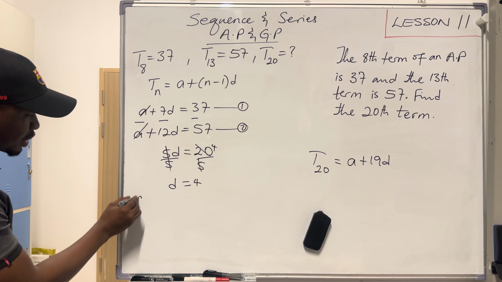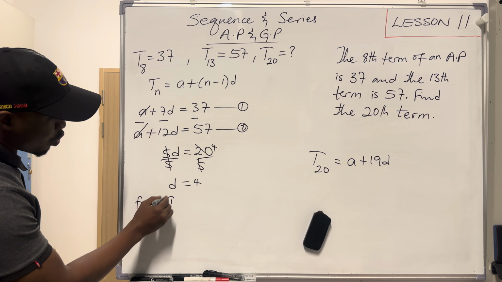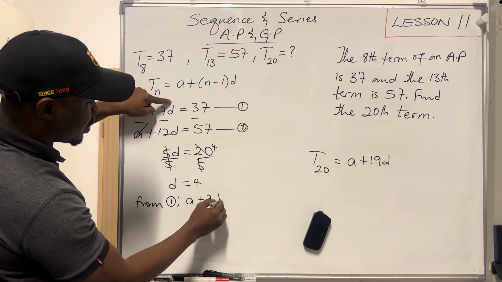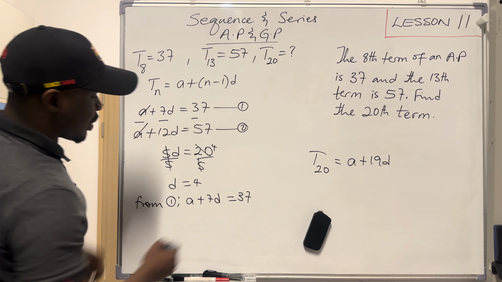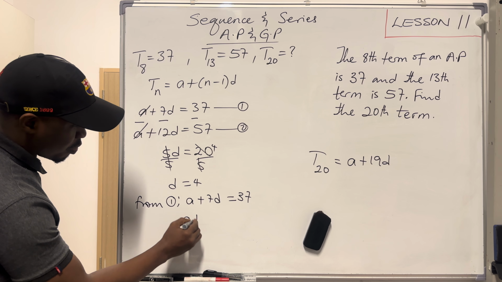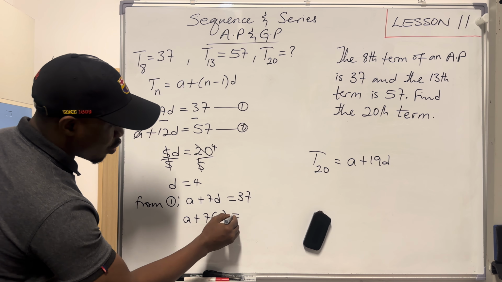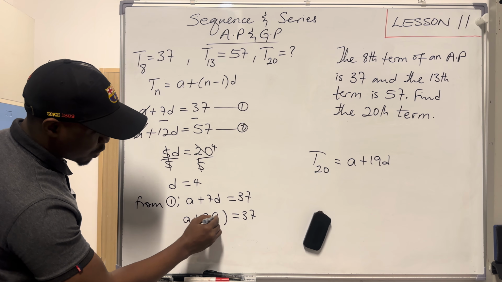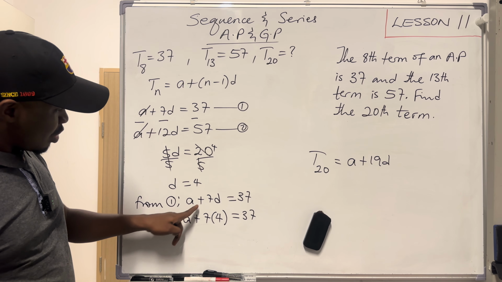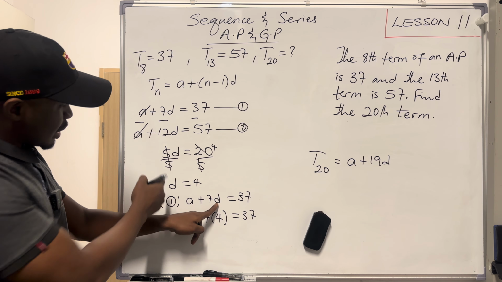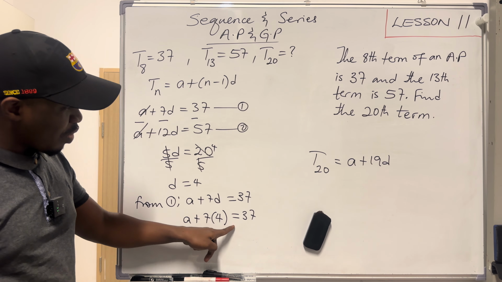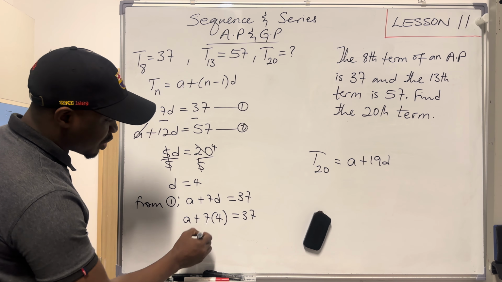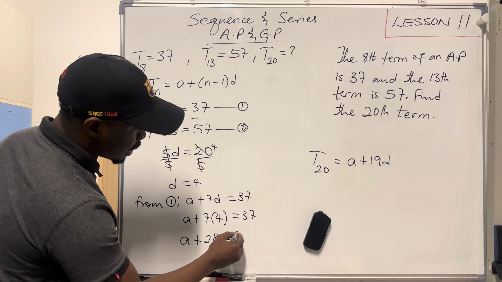From equation 1: a plus 7d equals 37. What is d? d is already 4. So a plus 7 times 4, which is 28, equals 37.